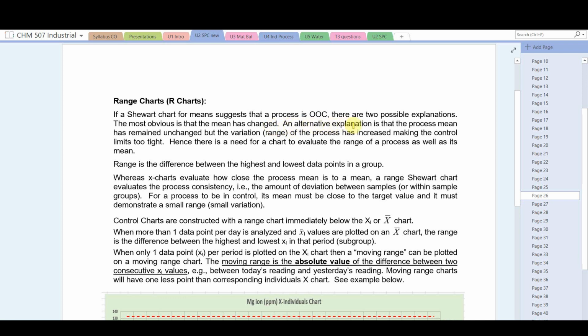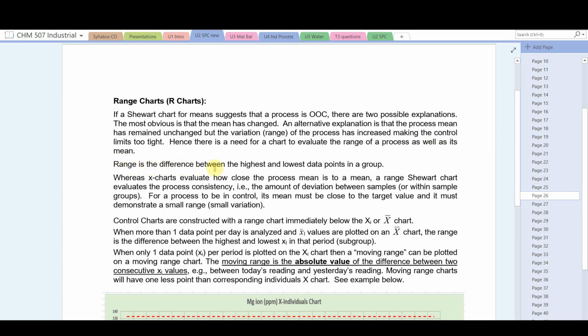An alternative explanation is that the process mean has remained unchanged, but the variation or range of the process has increased. The process is yo-yoing, making the control limits too tight. Hence, there is a need for a chart to evaluate the range of a process as well as its mean.